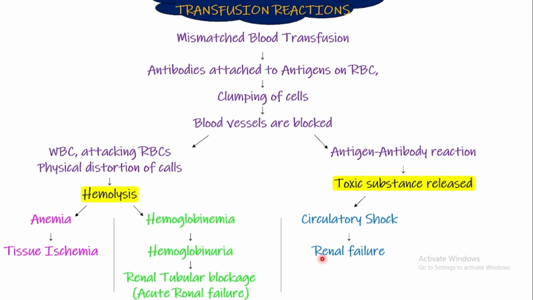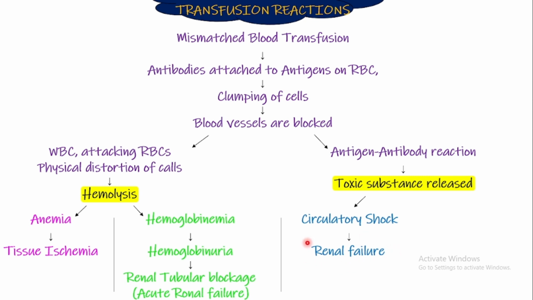Whenever the blood pressure falls to the extent that the supply of blood to the tissues is compromised, this is known as circulatory shock. Because of the vasodilation, the blood pressure has fallen to a very serious level, and this has resulted in a decrease in blood supply to the tissues. So this is circulatory shock.